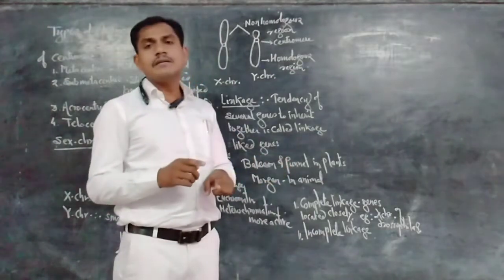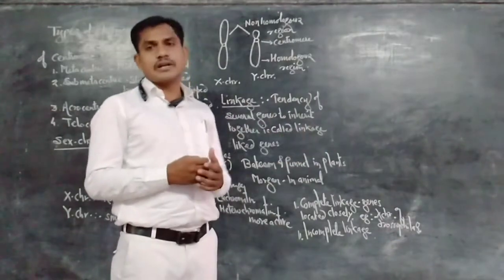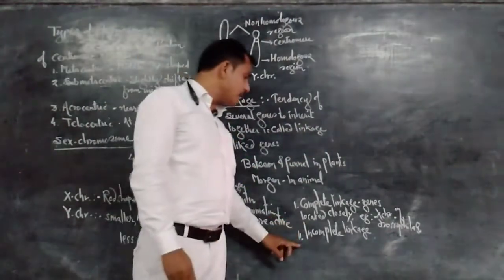Hence they may be separated during crossing over, so the genes do not pass together to the next generation. Such linkage is called incomplete linkage.